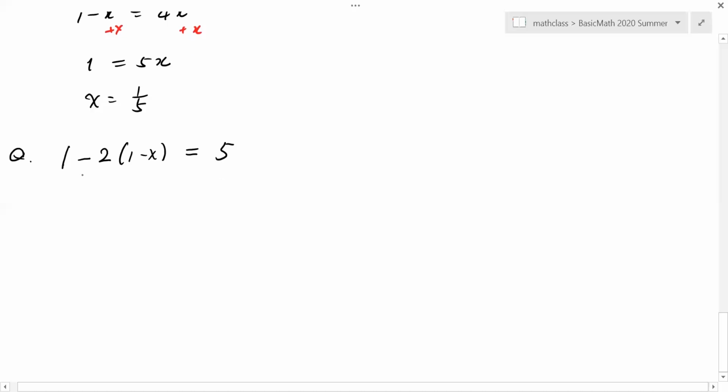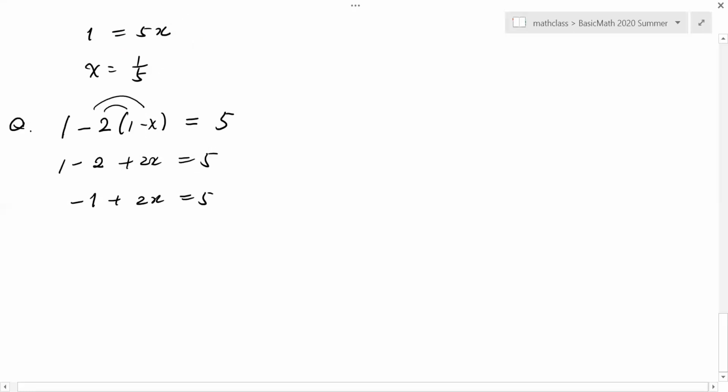I get rid of the parenthesis first. Okay, it's 1 minus 2, right? And the negative 2 times negative x is positive 2x equals 5. Then you simplify the left-hand side, it's negative 1. It's 2x equals 5.